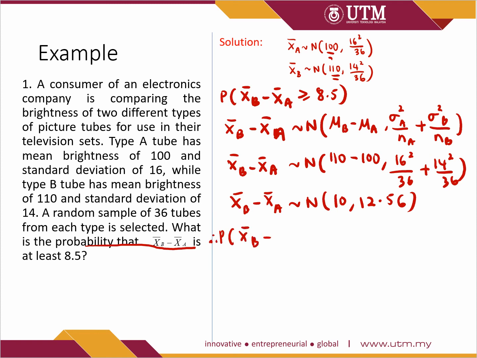So now we can find the probability of sample mean B minus sample mean A greater than 8.5. Using the standard normal distribution, which will be Z, I can just rewrite this as x bar B minus x bar A minus the mean, over the square root of 12.56.